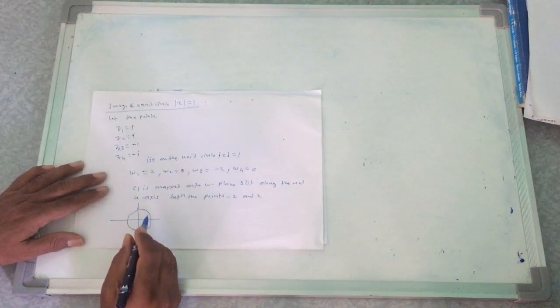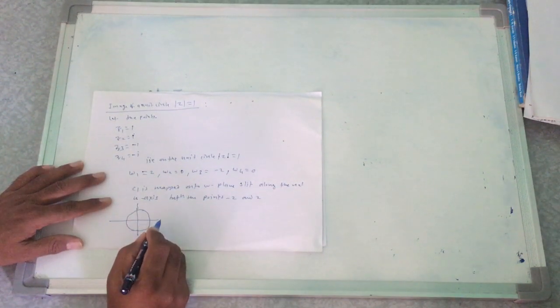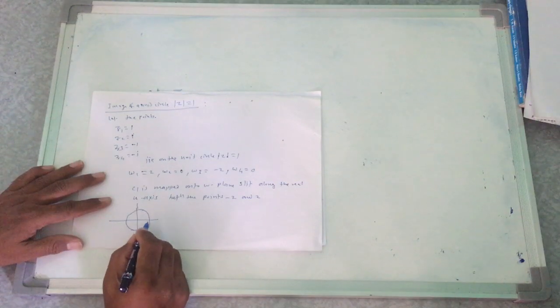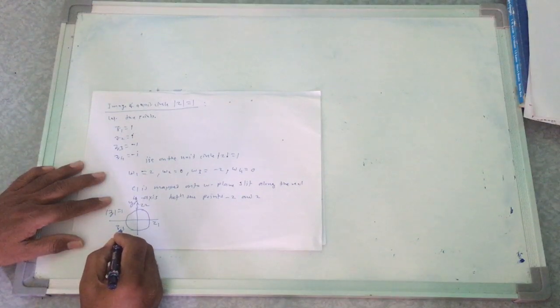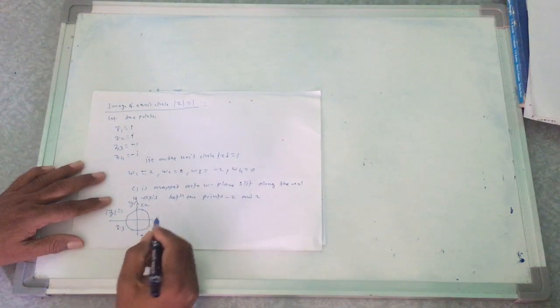Over this axis we have drawn this closed circle. This is z1, this is z2, this is |z| = 1, this is z3, z4. So in this manner we have all of these shown.